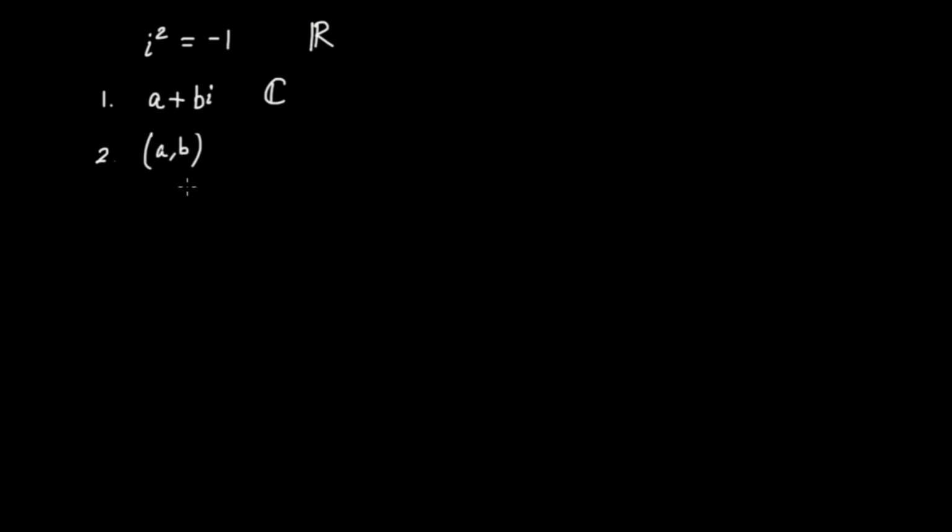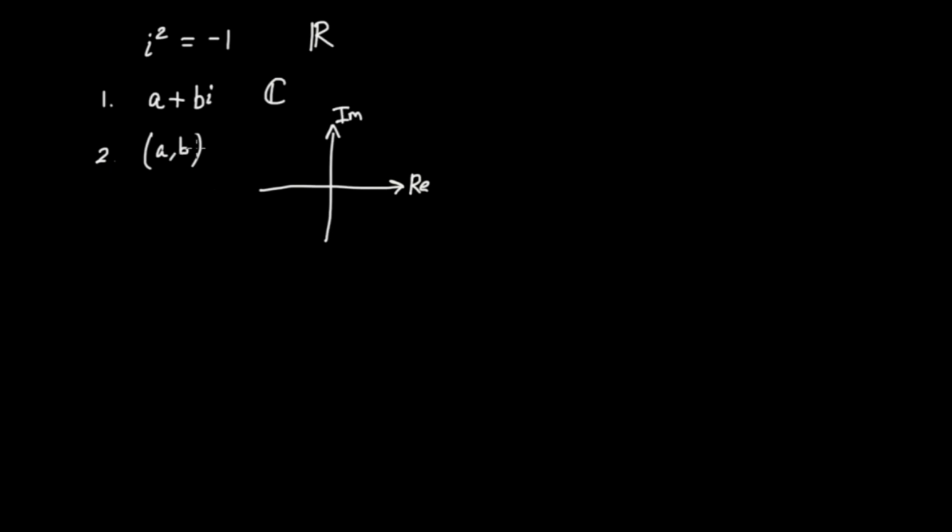These two ways are equivalent, but this second notation suggests we can plot these objects (a, b) on a two-dimensional coordinate grid. I'm going to draw the horizontal axis to denote the real component, that is this first component a, and the vertical axis to represent the imaginary component, which is going to be b.